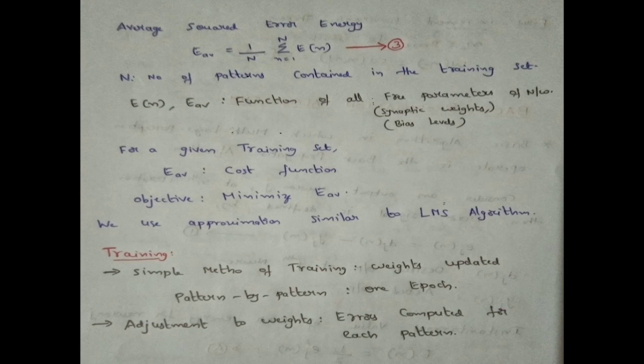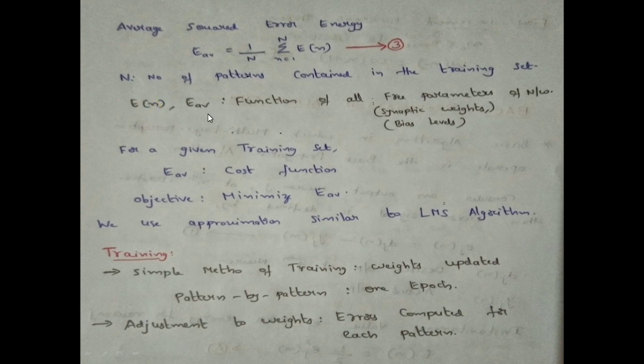Then let us define the average squared error energy, which is denoted by E_AV. E_AV is equal to 1/N summation of E(n), where n ranges from 1 to N. Here capital N is the number of patterns contained in the training set, and E(n) is the instantaneous energy.